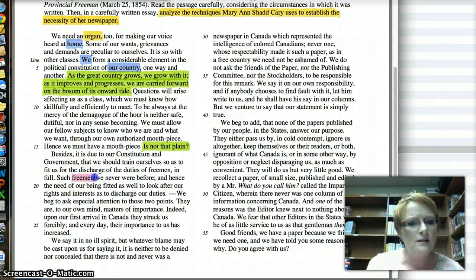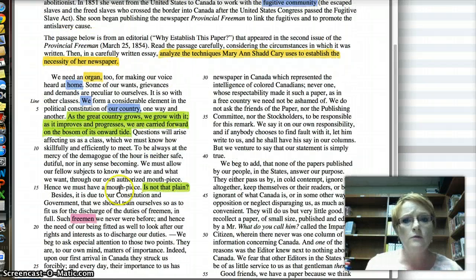I can imagine the power that word would have for people in the fugitive community. I mean, these were escaped slaves, they were freed slaves, they knew slavery. And if we're looking at our date of publication, March of 1854, this is pre-Civil War, okay?